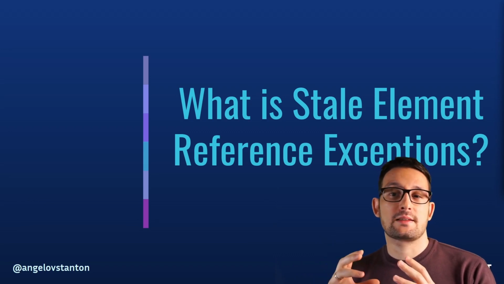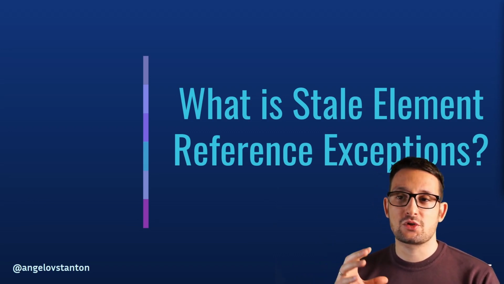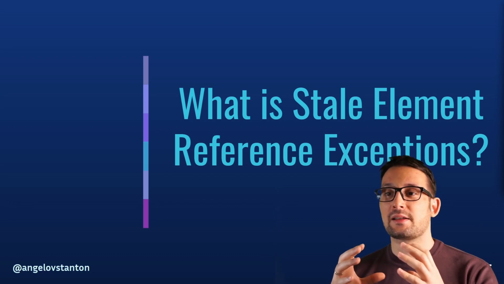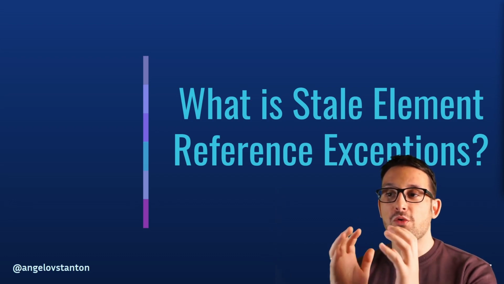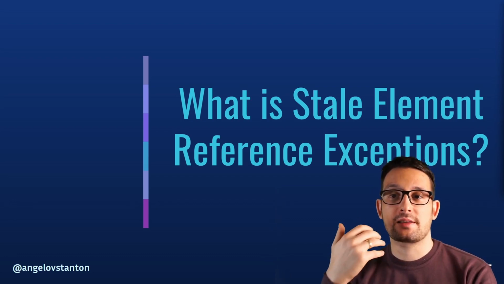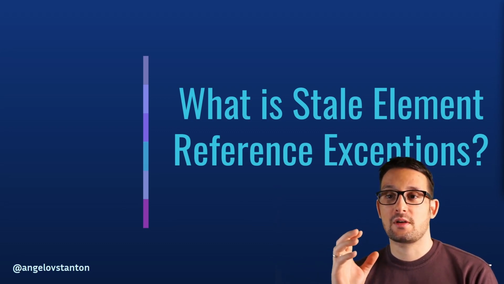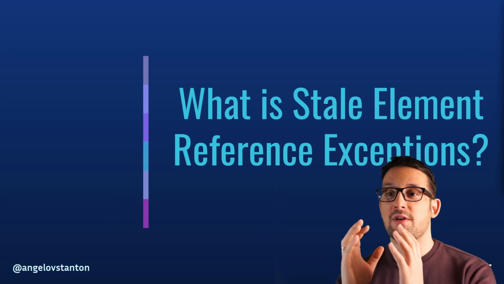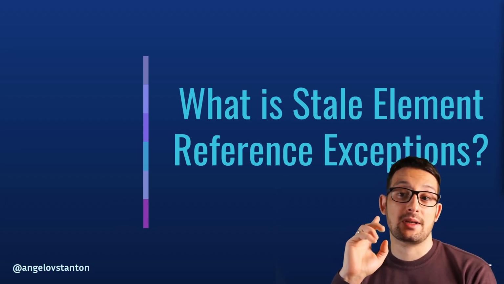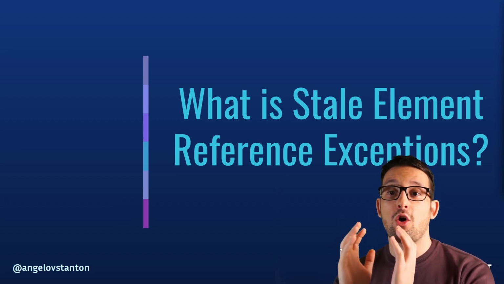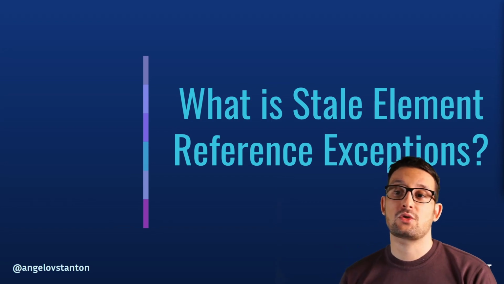Therefore, the StaleElementReferenceException is thrown because the element has been removed from the DOM or is no longer attached to the page document. Possible causes for a StaleElementReferenceException are that the element has been deleted entirely, or the element is no longer attached to the DOM on the web page.